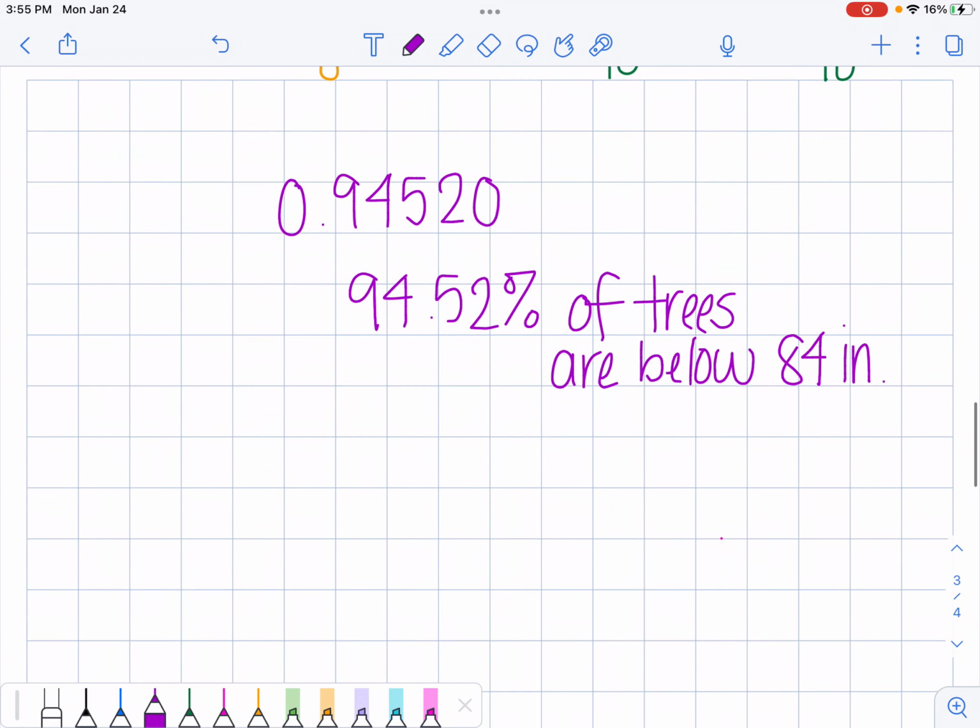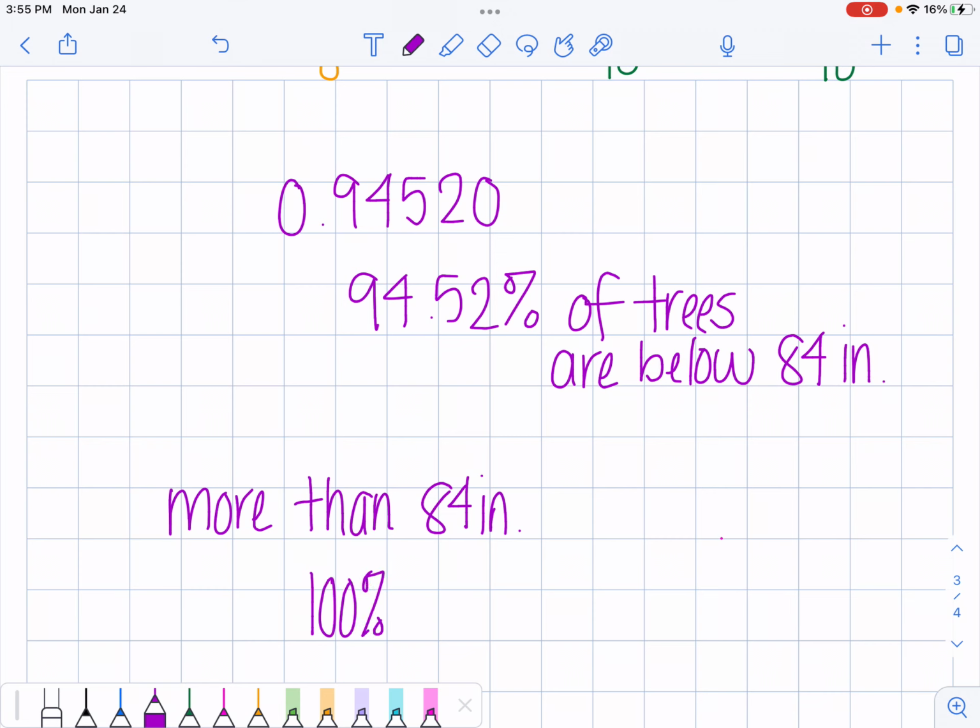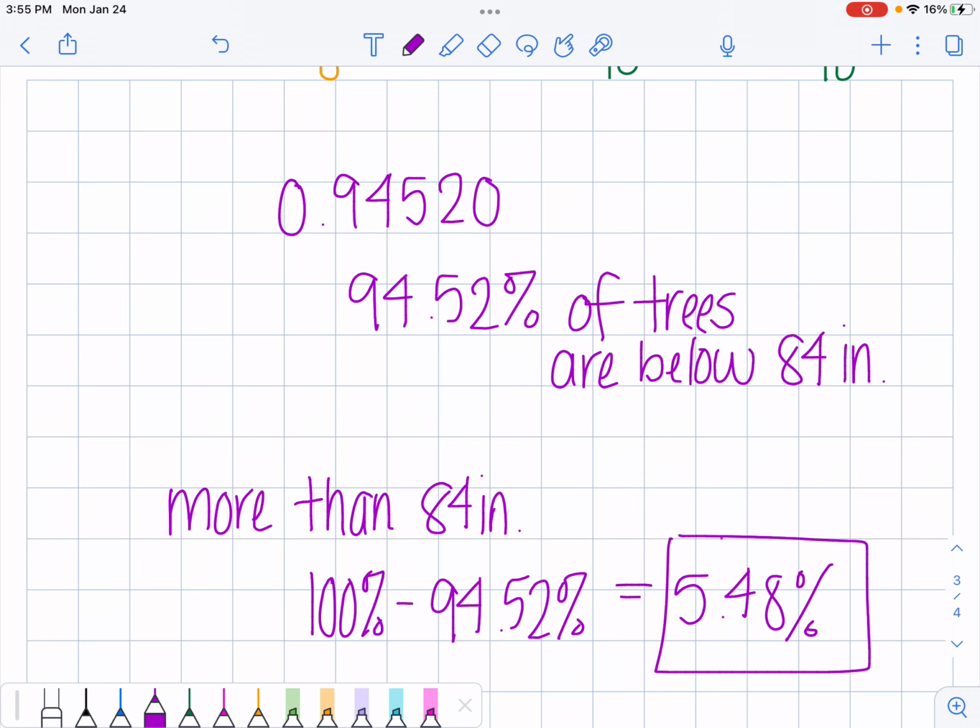So if I want to figure out how many are more than 84 inches, I take 100% minus 94.52%, which gives me 5.48%. So out of all of Jim's trees, 5.48% of them were taller than 84 inches.